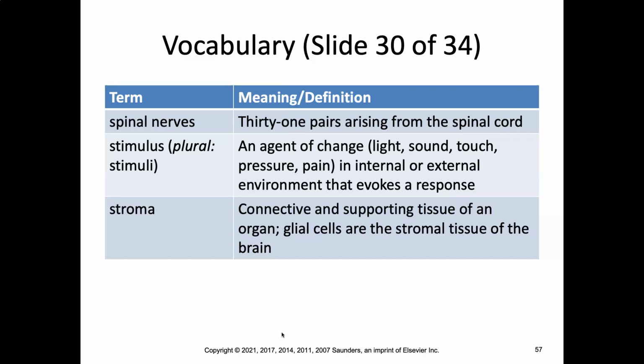It's like syllabus and syllabi. And you have 31 pairs of spinal nerves. It's a lot. And when you think about those pairs of nerves, you can see why spinal injuries can have a significant impact on the nerves.